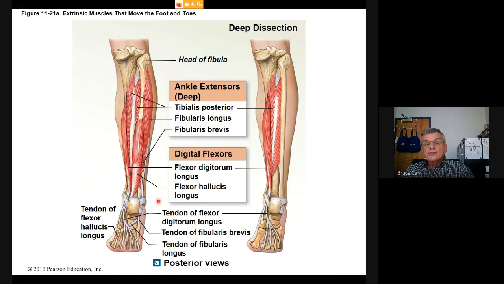So the flexor hallucis longus, that controls the big toe and its flexing, is this muscle right here, attaching high up on the fibula. The flexor digitorum longus, you'll notice, is on the other side of the tibia, the medial side, and it attaches high up on the tibia.